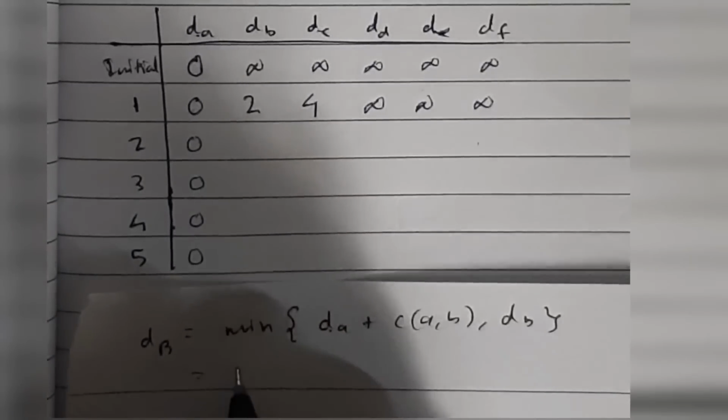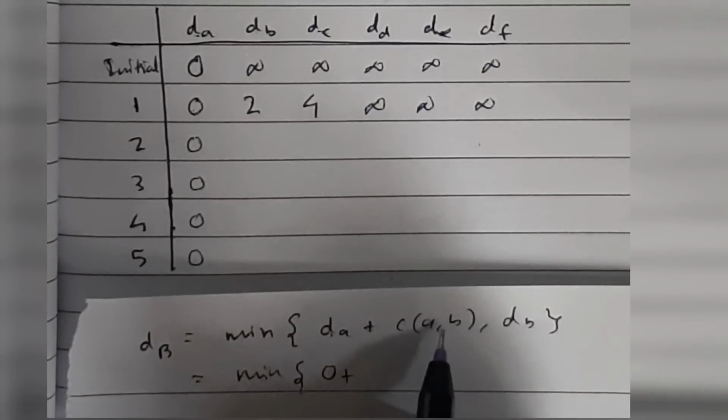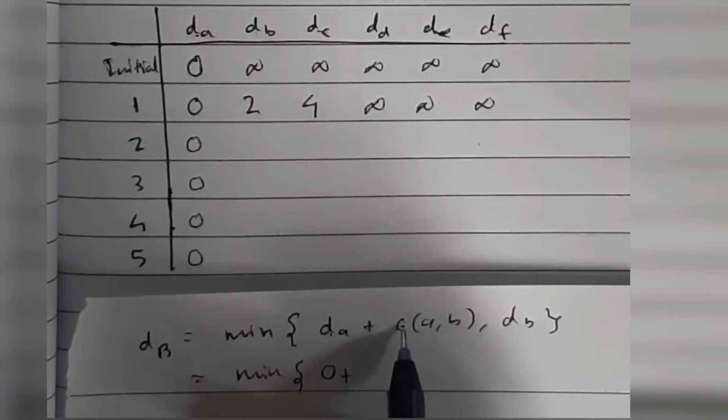So I will be writing minimum of 0 plus C of A comma B. C of A comma B means the cost of edge from A to B.